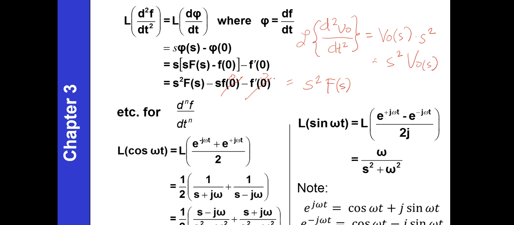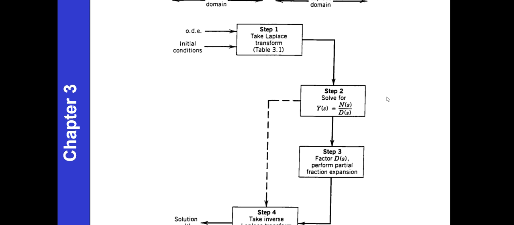So we assume that this f(0) is 0 and f prime is also 0. But if this is not 0, we can have a minus next to s and so on. So this is also in your handout now. So this is the process in solving the Laplace.